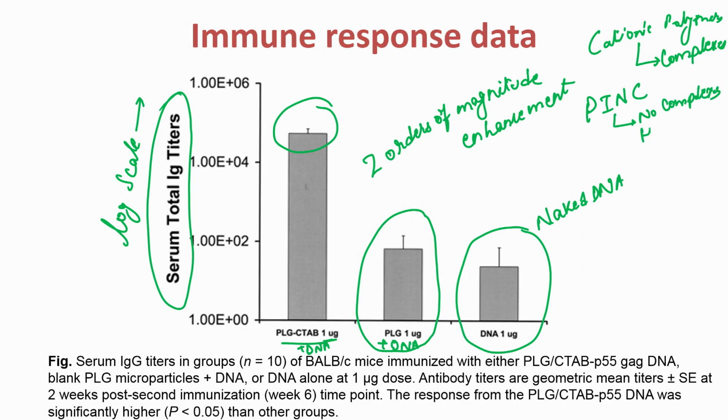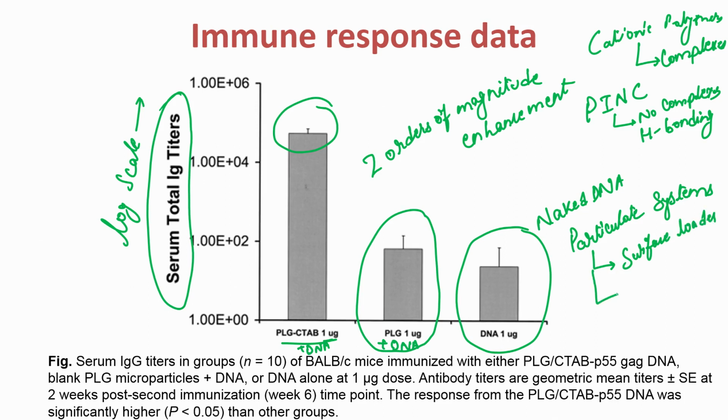This is mainly hydrogen bonding. And then we have talked about this particulate systems, so surface loading or encapsulation. PLGA based or some other polymer, but they are either surface loaded or encapsulated.